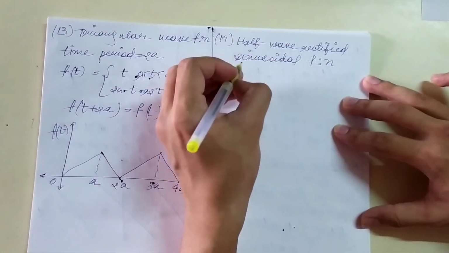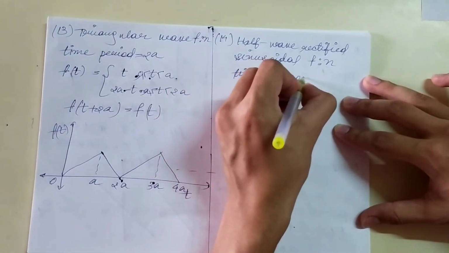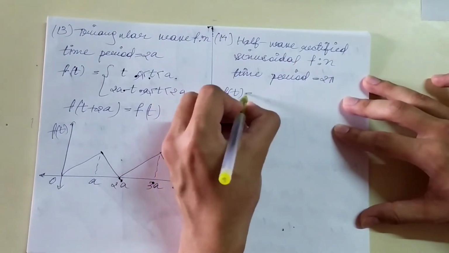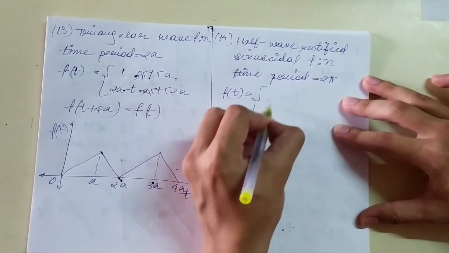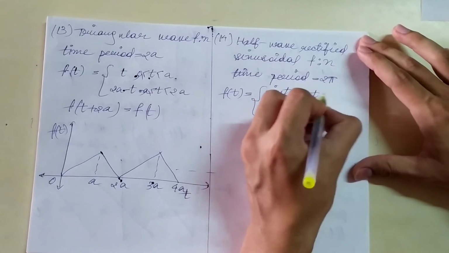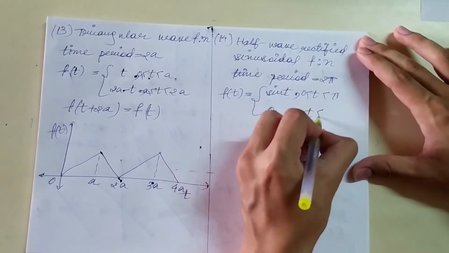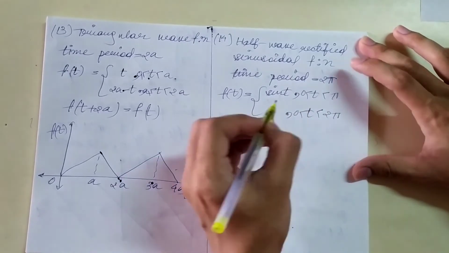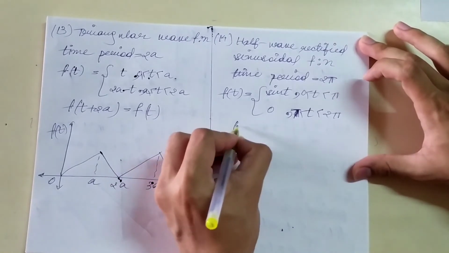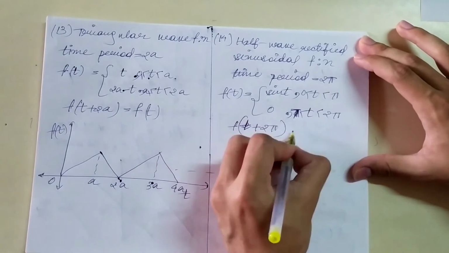So here the time period is 2 pi. f(t) is equal to sin t for t less than pi and greater than 0, and 0 for t less than 2 pi and greater than pi, and f of t plus 2 pi is equal to f(t).